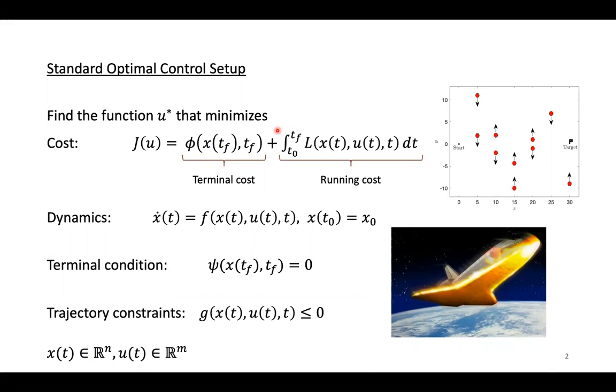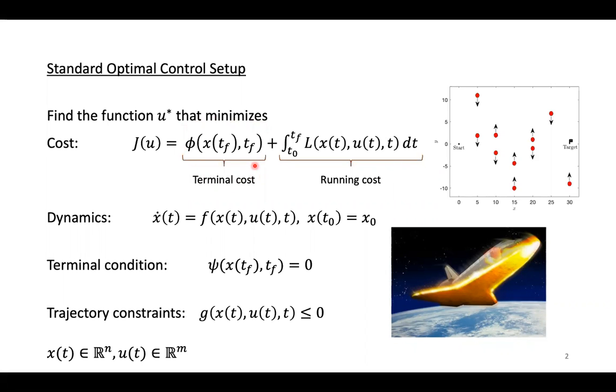And then you have what is called the running cost. It is the integral from t0 to tf of L of x(t), u(t) comma t dt. So t naught here is the initial time, which in most cases is 0. This form of cost is called a Bolza form of cost, which is more general, but you can always convert this Bolza form of cost to a complete terminal cost function.